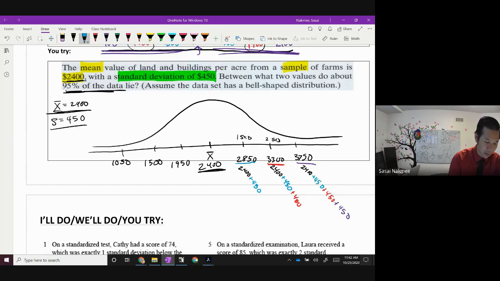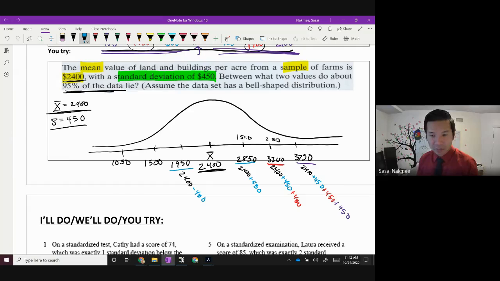Are you guys okay? You see how they're getting these numbers? And if you go in the other direction, it's the same thing, except instead of adding to it, you're subtracting. So it'll be 2,400, and this will be minus 450. And that's how we got those values there.